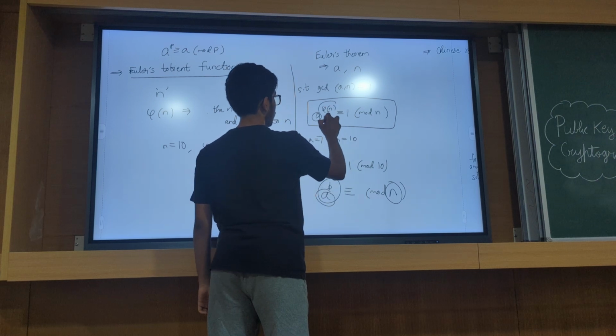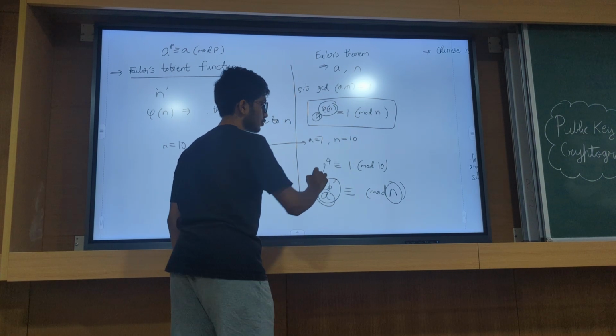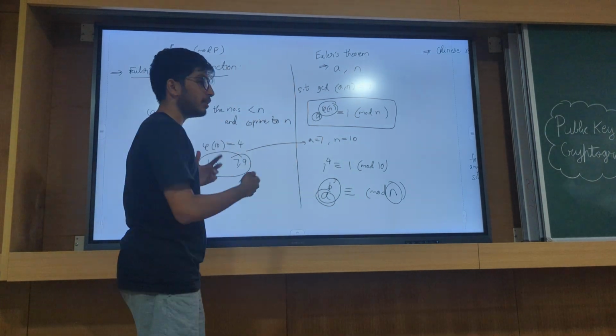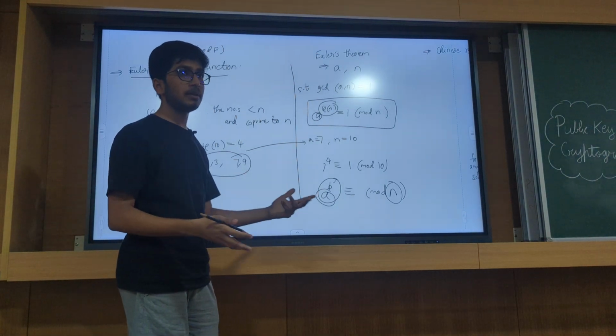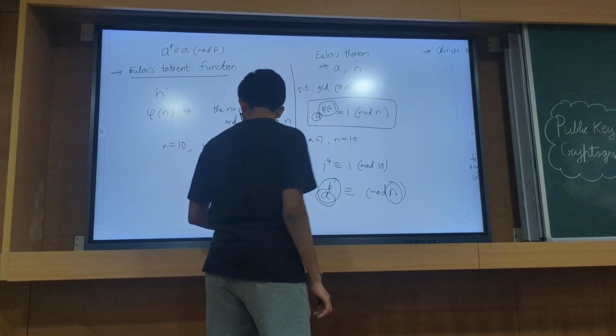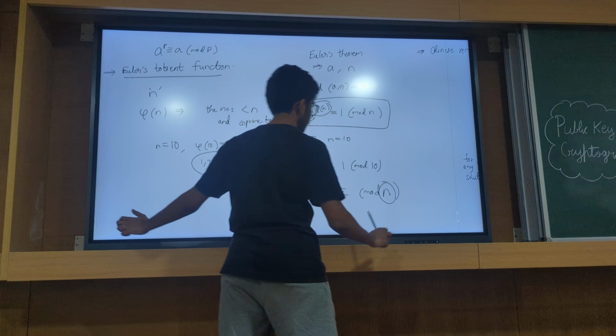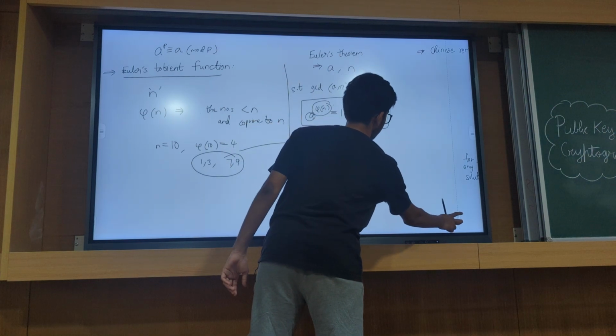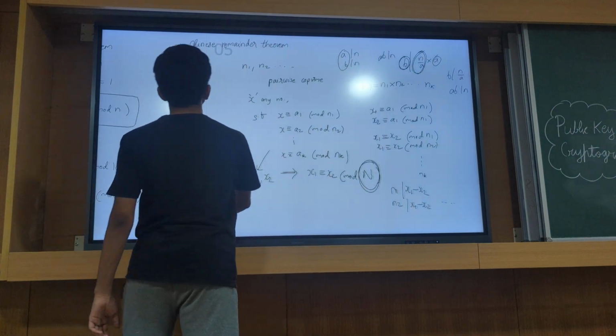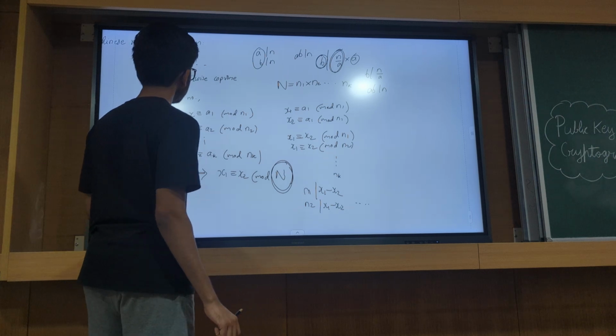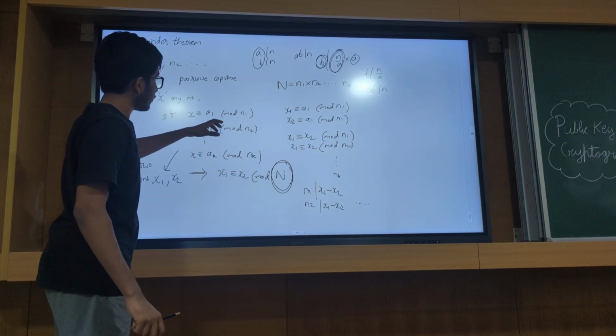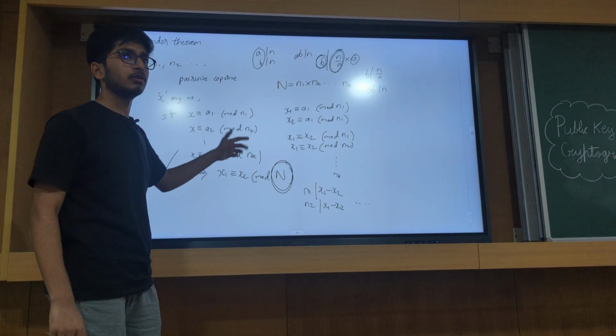So if you know phi of n somehow, then maybe you can reduce this problem. So all these things that we discussed may be useful. And then the Chinese remainder theorem. I just discussed it right now, so I won't repeat it.